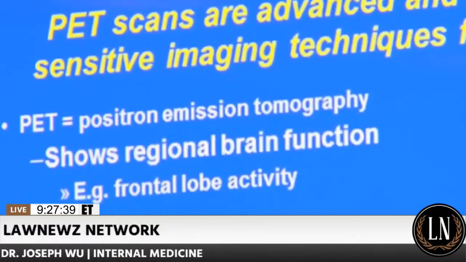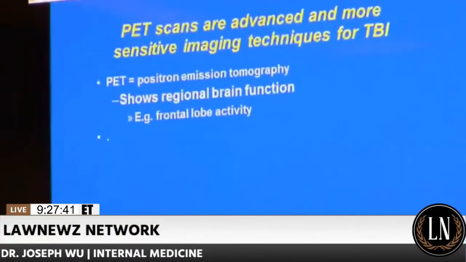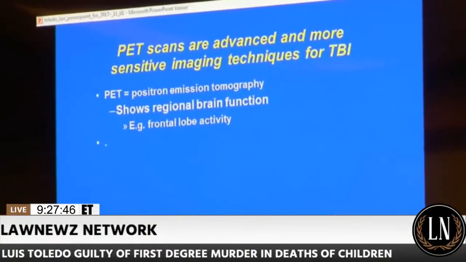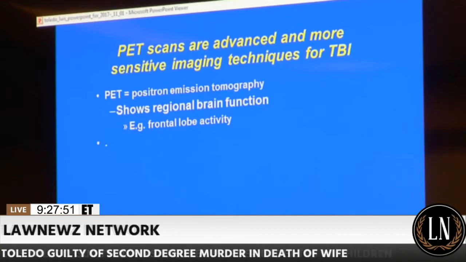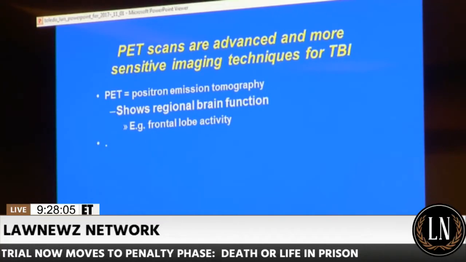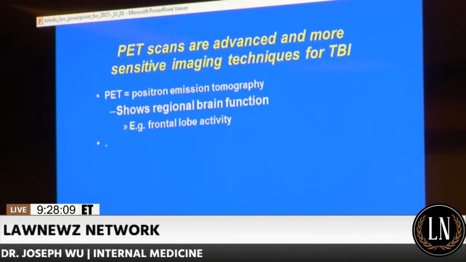Okay, Dr. Wu, so we're going to go through some slides here. Just read that or explain why you have that in there. Well, this is just to indicate that PET scans are a more advanced and more sensitive technique for detection of TBI, which stands for traumatic brain injury, and that PET is short for positron emission tomography. A positron is short for positive electron.